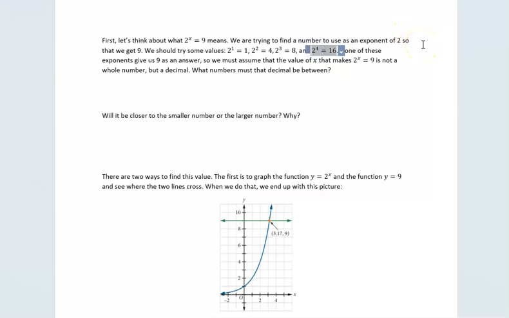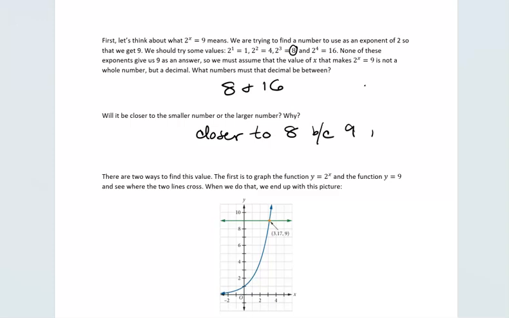So we know that this decimal of some kind, whatever the exponent is going to be, will be between 8 and 16. And 9 is closer to 8 than it is to 16, so it's going to be closer to 8.